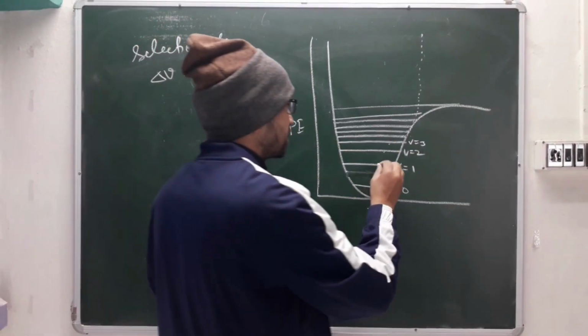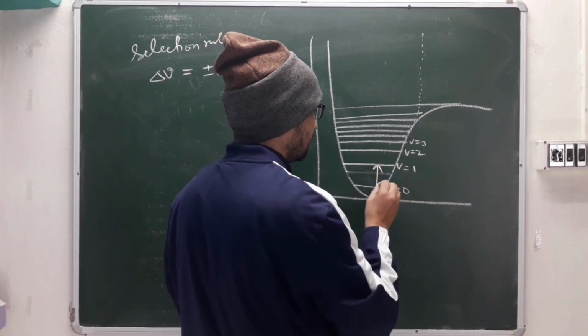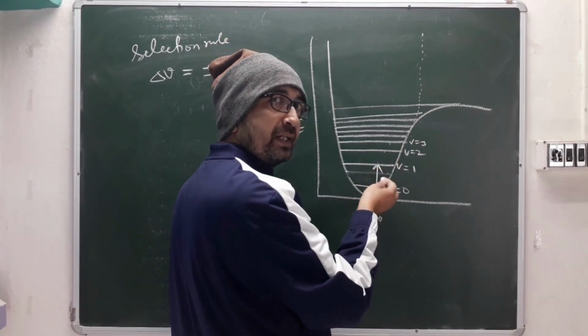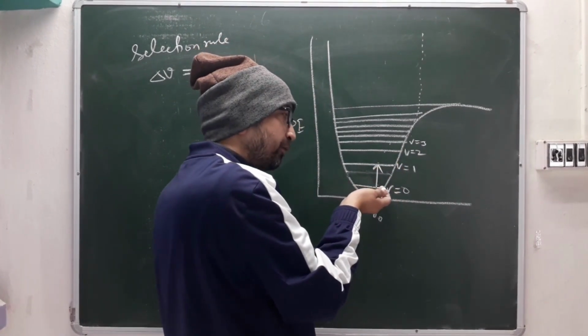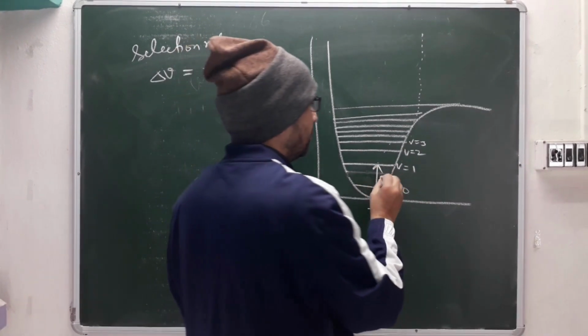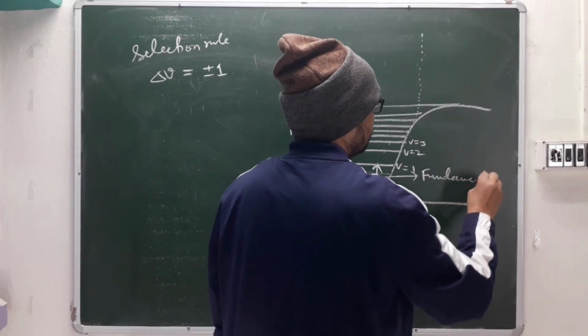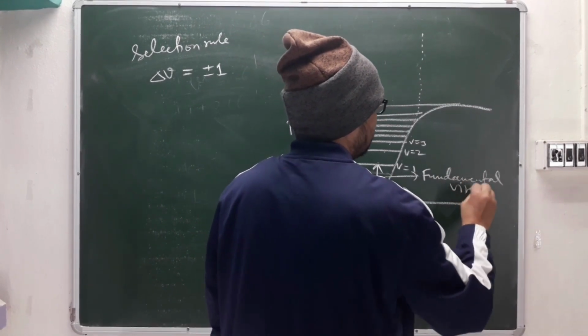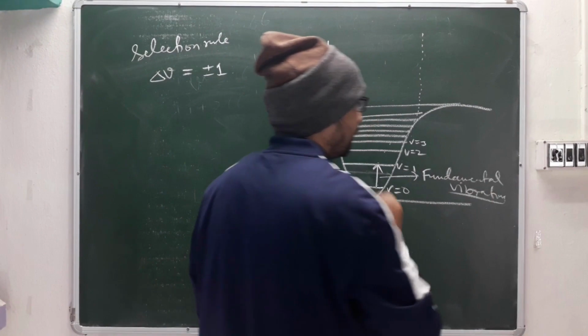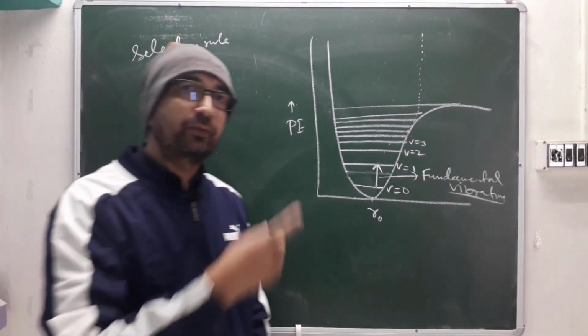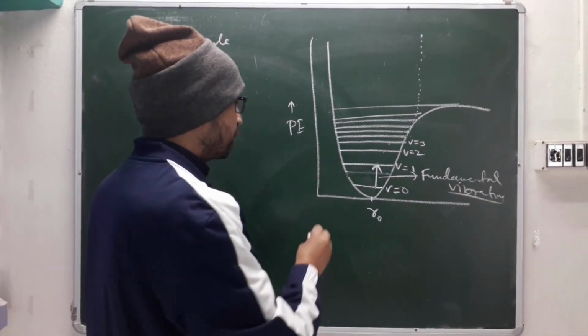Likewise, this vibration is the absorption of energy, and when it is going from V equal to 0 to V equal to 1, we call it the fundamental vibration. They might ask these questions: for fundamental vibration, which one will be the correct answer?